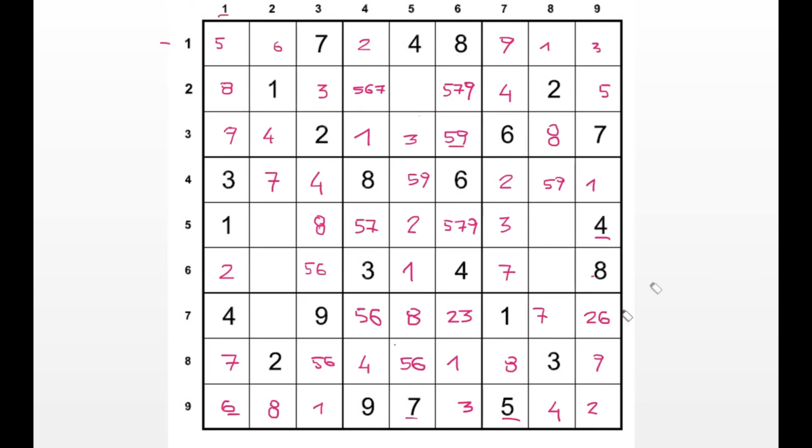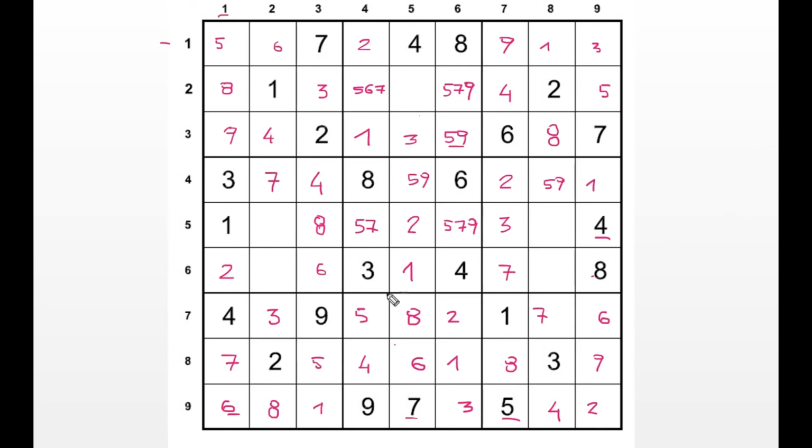Now here is a number 6, number 5, and number 2 cannot be here, and here has to be number 2. And finally here will be number 3. And here is a number 5, here has to be number 6, and here will be number 5, here will be number 6.